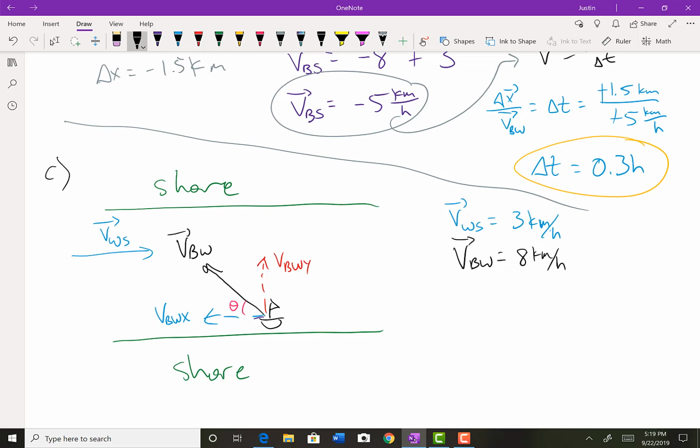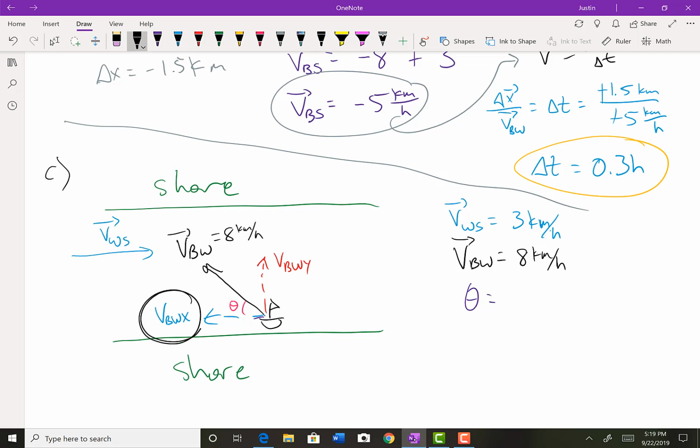And now we're looking for the angle, theta. And let's see, I know this is 8 kilometers per hour.